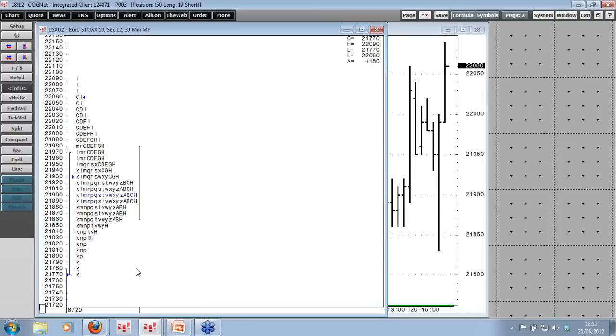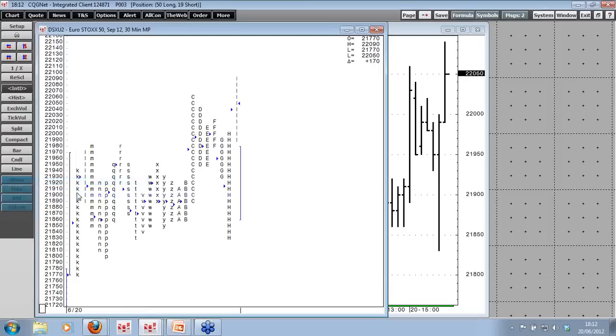So how do we get the initial balance? Well, the initial balance is the first 2 TPOs. In this profile, when I added the splits, the first 2 TPOs were the K and the L. So I'm literally taking the low of the K and the L, which is down at 21.77, and the highest TPO in the initial balance is this L print up here at 21.97.